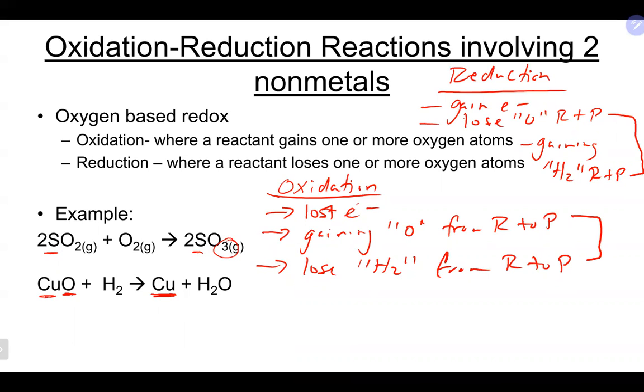So this guy would be reduced, and this guy would be oxidized because of that. And same thing here. This guy gained oxygen, which would mean it would be oxidized. This guy would be reduced.